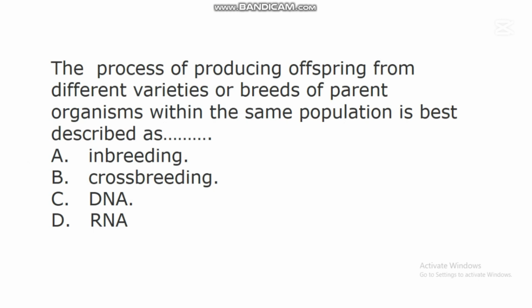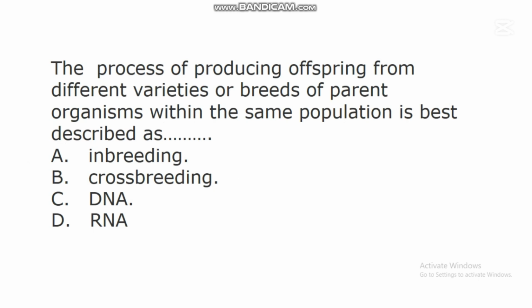The first question says, the process of producing offspring from different varieties or breeds of parent organisms within the same population is best described as dash. A. Inbreeding. B. Crossbreeding.